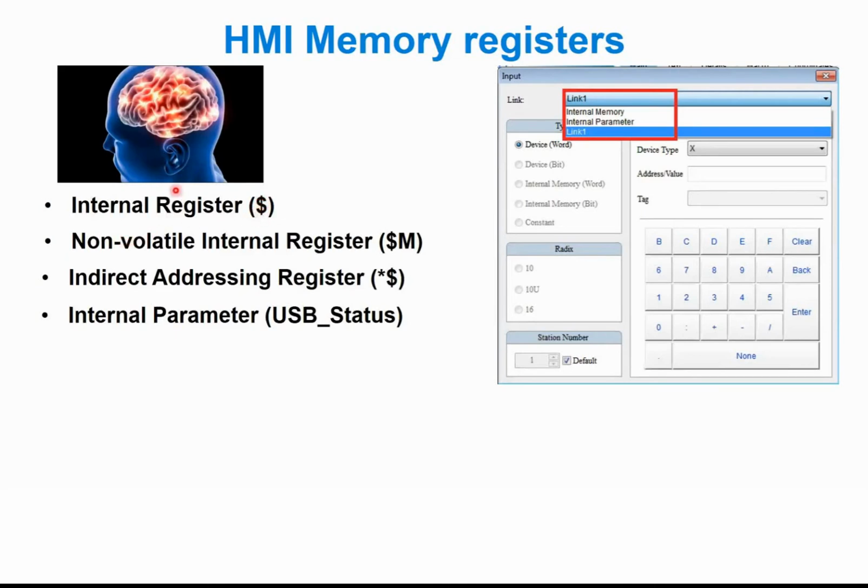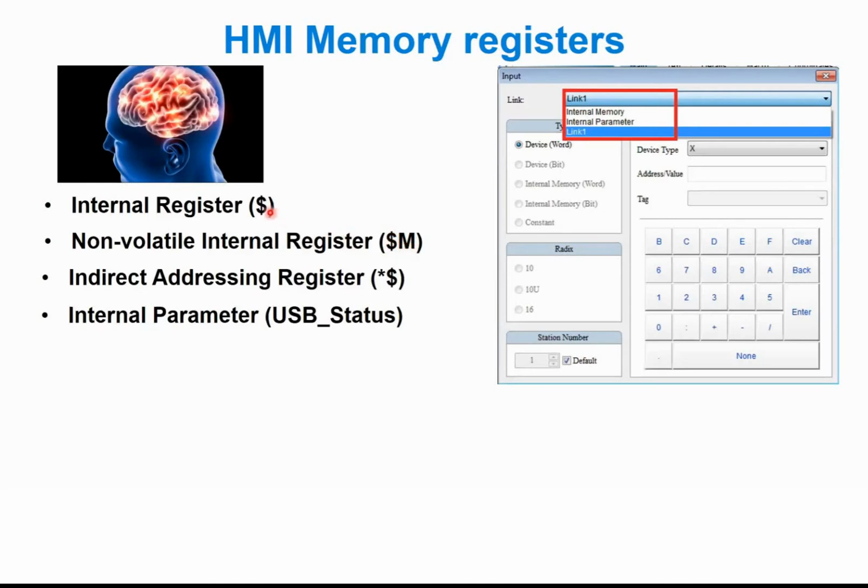We also have in the HMI other internal memory denoted with the symbol $M. This one is non-volatile. It means that if you have data in this register and somehow the power of the HMI gets interrupted or you shut down the HMI, when you power up the HMI again, the value in this register will still be there.